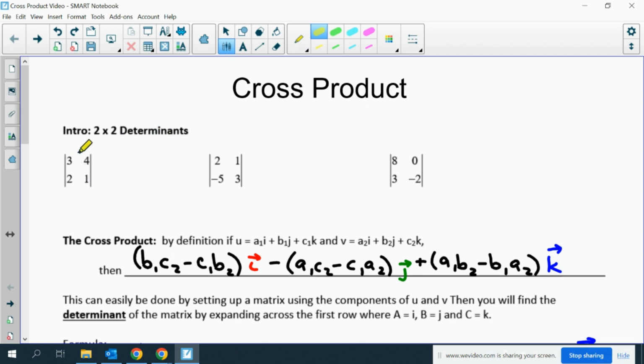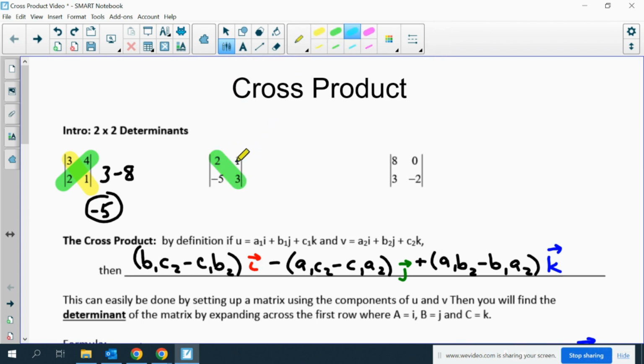So if we have a 2x2 matrix, 3, 4, 2, 1, in order to find the determinant, you would multiply the values going from top left down and subtract the values that are multiplied when you go from the top right down.